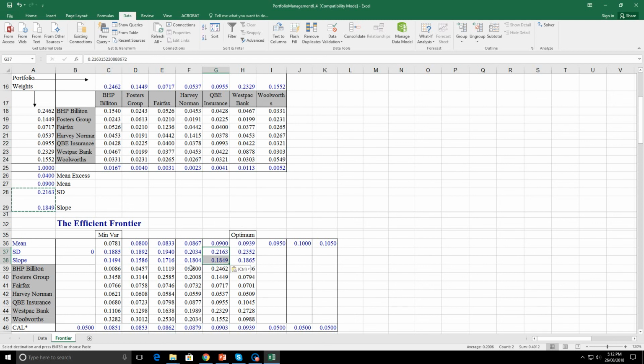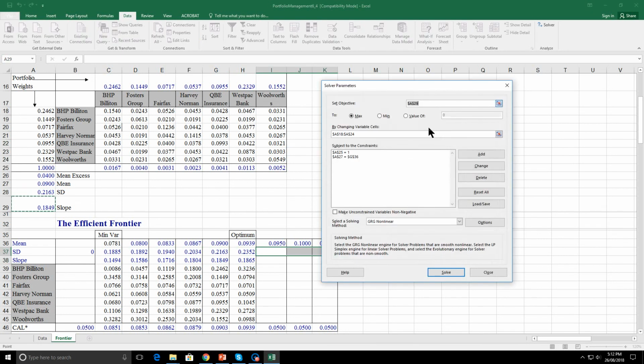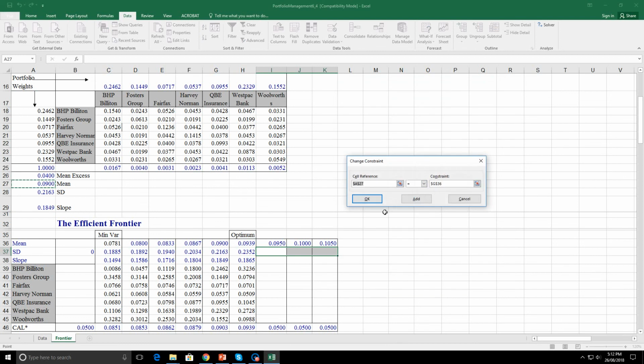So now we have got all the points in between the minimum variance and the optimum risky portfolio. And now we will obtain the points beyond this optimum risky portfolio. So we go to Solver again, we change it.